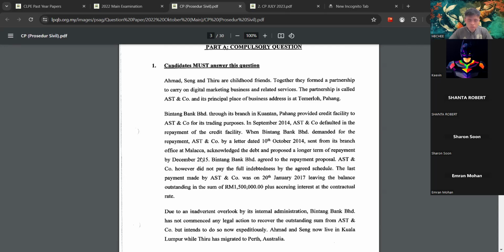So looking into the timeline, the first demand letter was sent in October 2014.